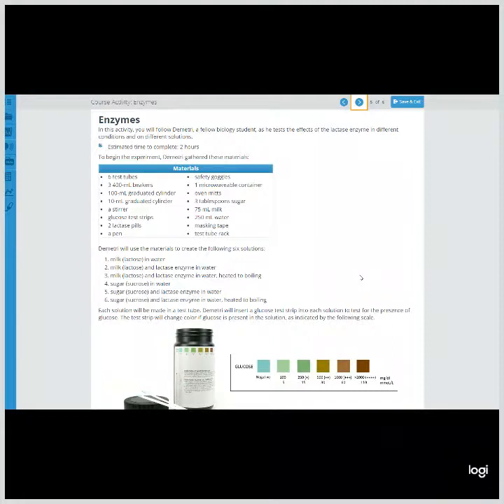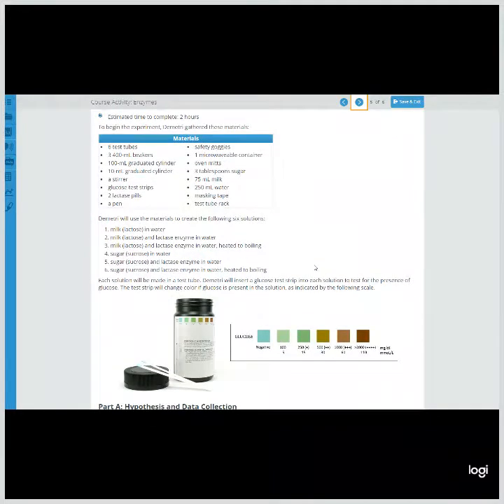If you were doing the experiment, it gives you a breakdown of the materials you'll be using, and what you'll be testing. Test tubes 1 through 3 contain lactose: milk and water, then milk and lactase enzyme in water. Then you have milk, lactase enzyme, and water, but the water has been heated to boiling.